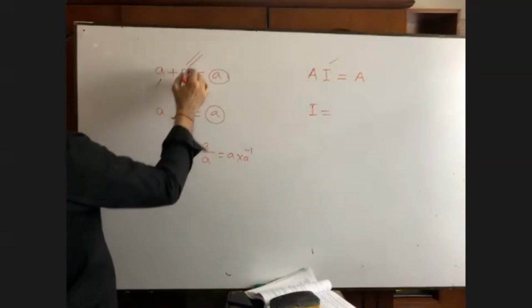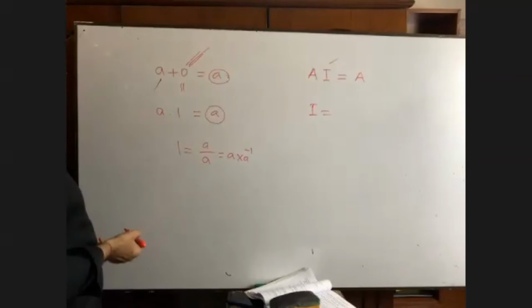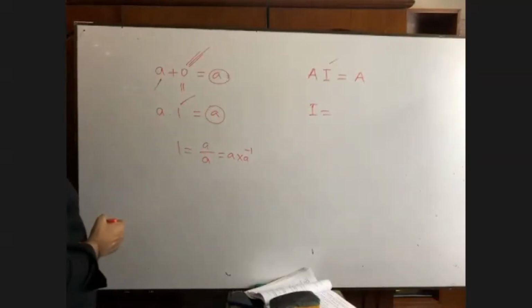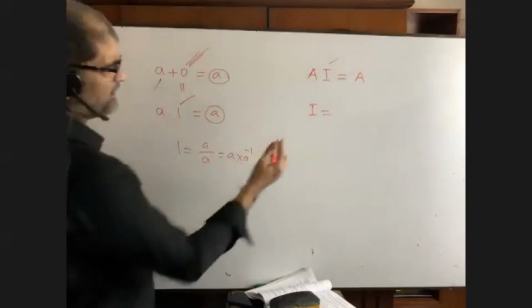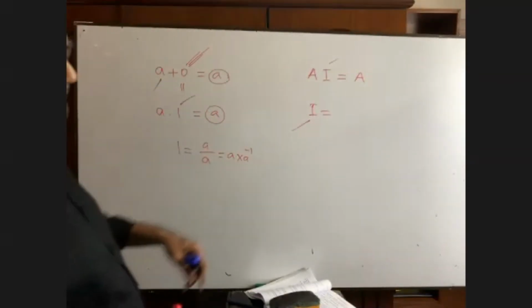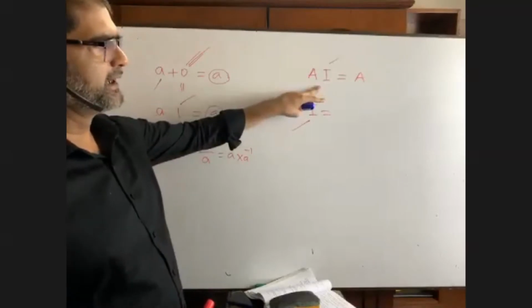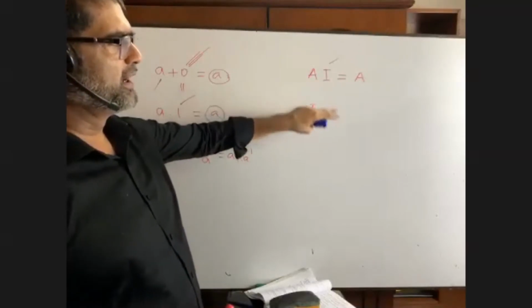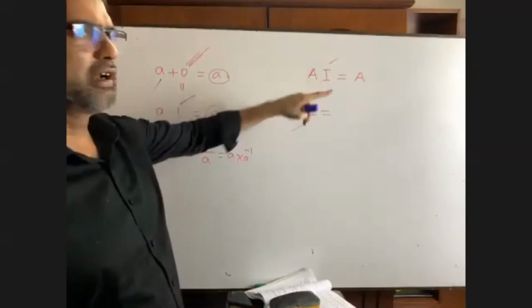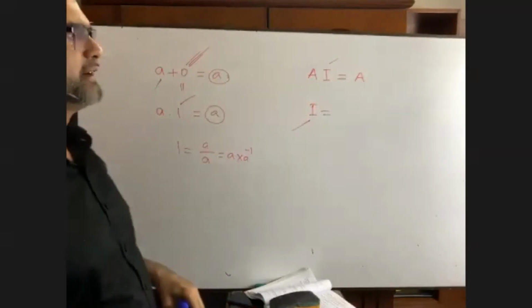This is identity of addition. This is identity of multiplication. And this is identity of matrix, because after multiplication with a matrix, we are getting the same product A. So it is called identity of matrix.